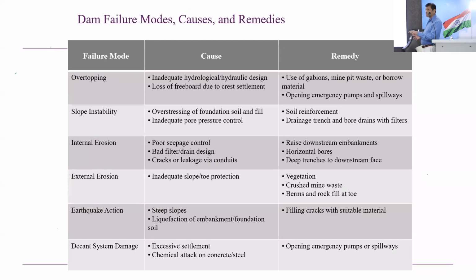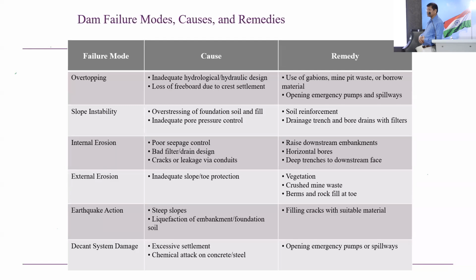There can be internal erosion. In most of the hydro dams we see the piping failure, internal erosion. There can be external erosion. If you go to any tailing site you visit, you will find some erosional gullies. So those are external erosion.